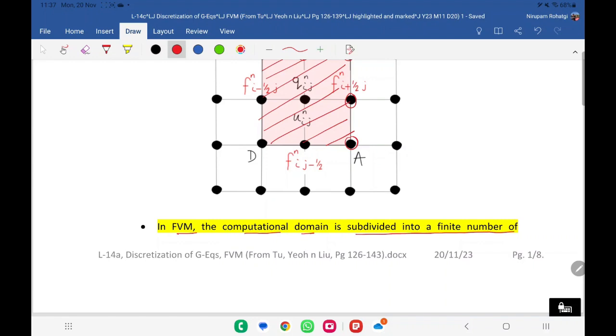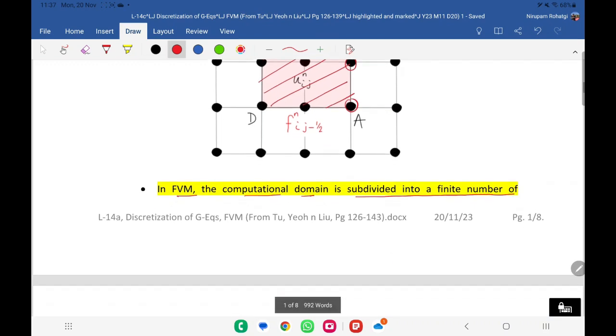But we have no such concept, the volumes are not there, because we are not using them. You can make them, you can select certain points and say this is the volume, but that concept we are not using. While we are talking about FVM, we talk in terms of volumes.